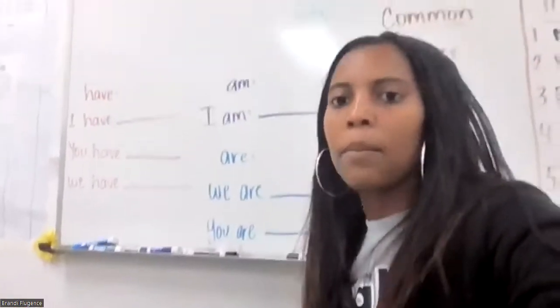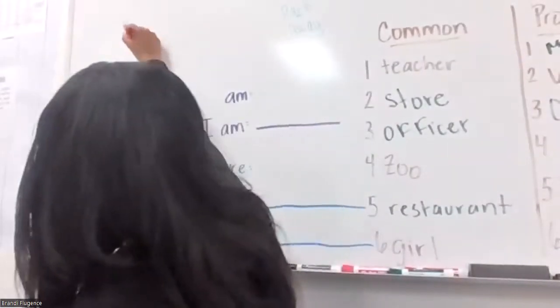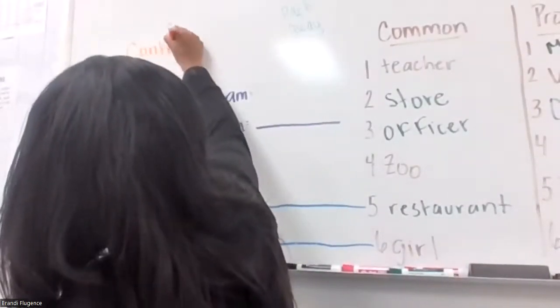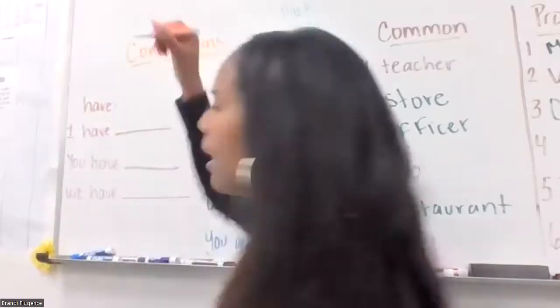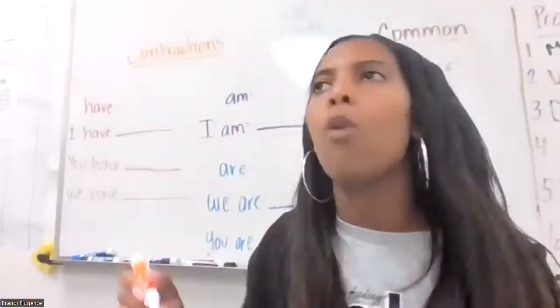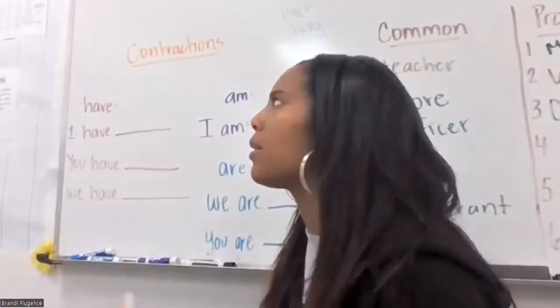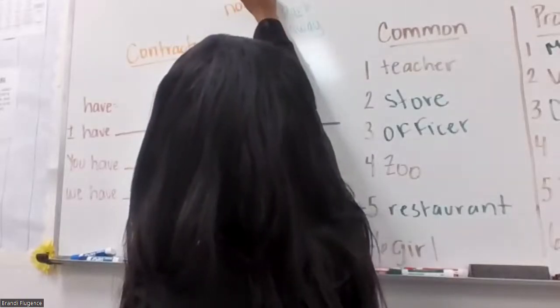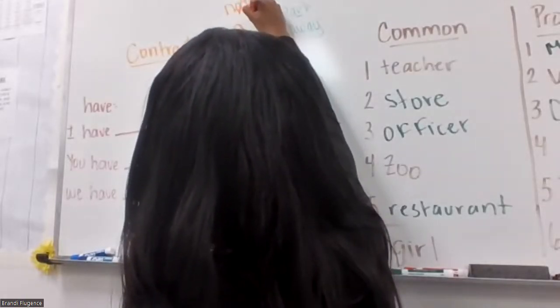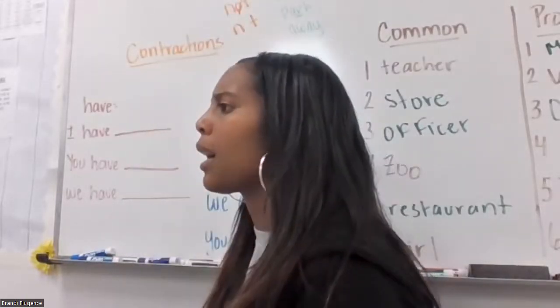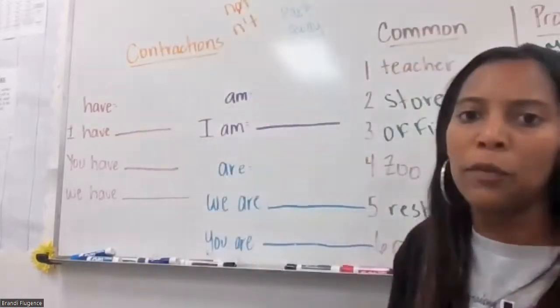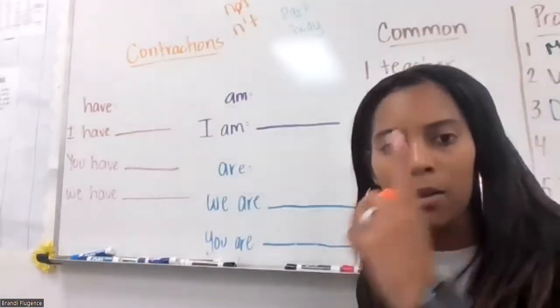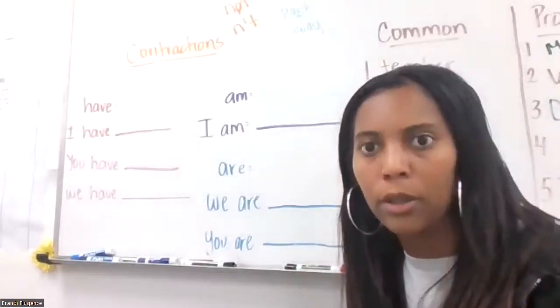Remember, when we take out letters to make it shorter, what do we put in place of the letter we took out? Like when we had not, we took out the O, but what do we put between the N and T? That apostrophe shows us that we took out something to make it shorter, okay?